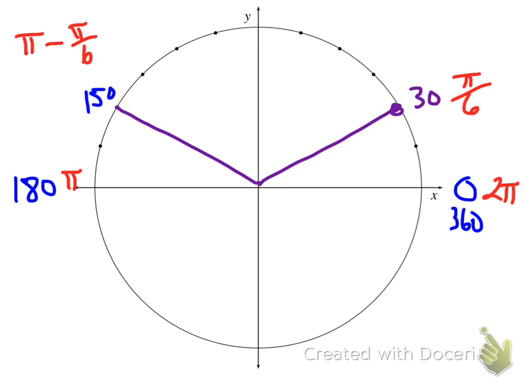Now, I do not have a common denominator, so I want to make this 1 pi into 6 pi over 6. I now have a common denominator. 6 pi over 6 is 1 pi, because that's my giant 1. So now, I'm going to subtract those, and I'm going to get the answer of 5 pi over 6. So that tells me that 150 degrees is now the same thing as 5 pi over 6 radians.